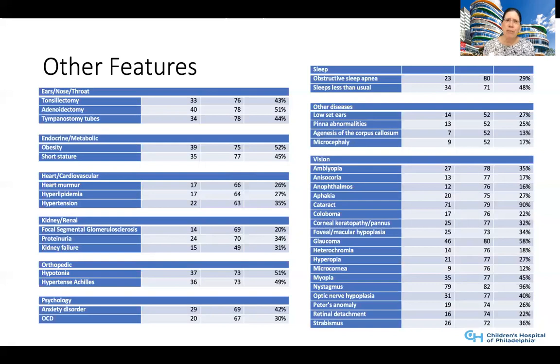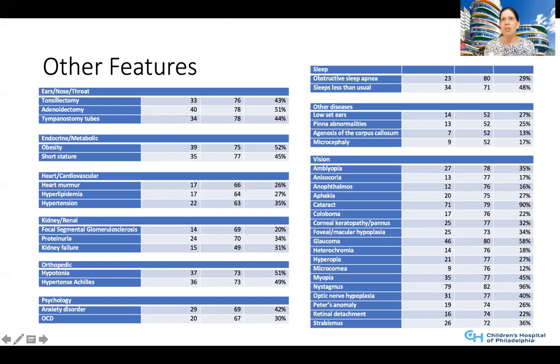About a third of patients had cardiovascular differences, and about 20% to 30%, depending on which type of feature, had kidney issues. About 50% of patients had an orthopedic issue, whether it was hypotonia or Achilles tendon differences. About 40% had an anxiety disorder and about 30% had OCD in this group.